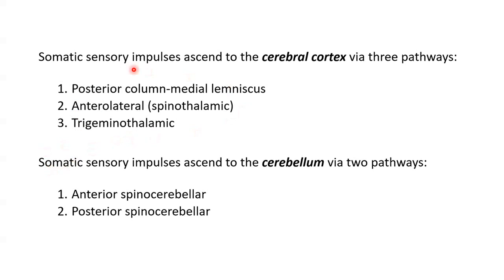These are all 3 neurons in that neural pathway. The pathways that our sensory impulses take to reach the cerebellum, which are made up of 2 neurons, are our anterior and our posterior spinocerebellar.